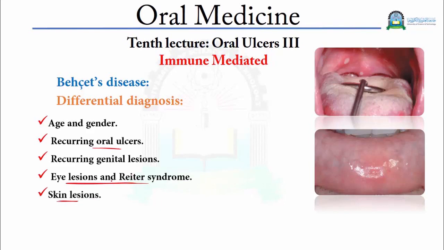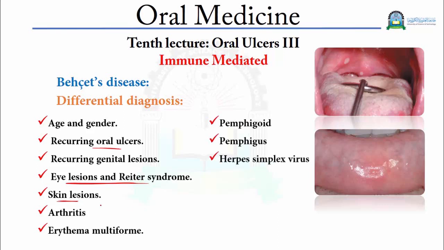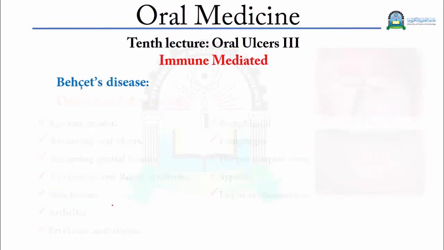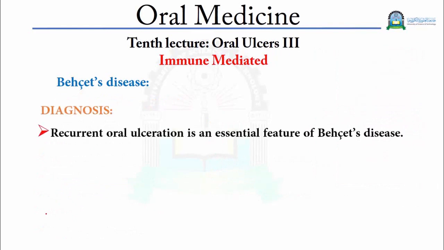Skin lesions and arthritis should also be examined. Erythema multiforme, pemphigoid, pemphigus, herpes simplex, syphilis, as well as lupus erythematosus are the similarities of Behçet disease.